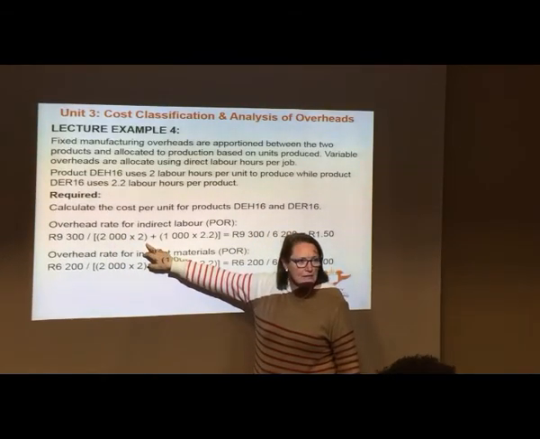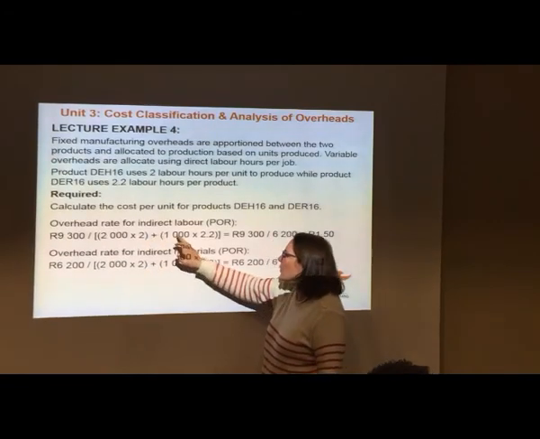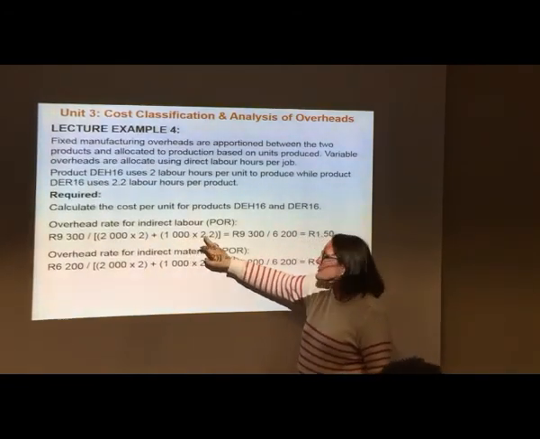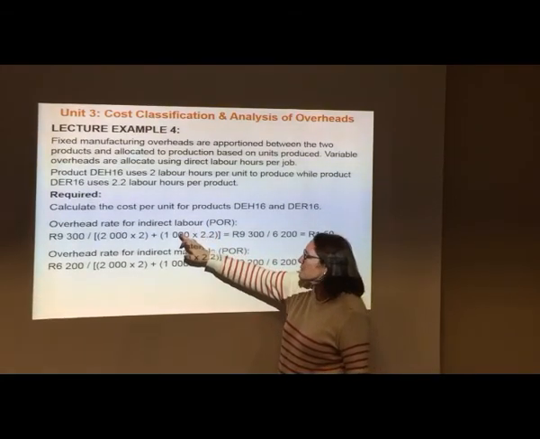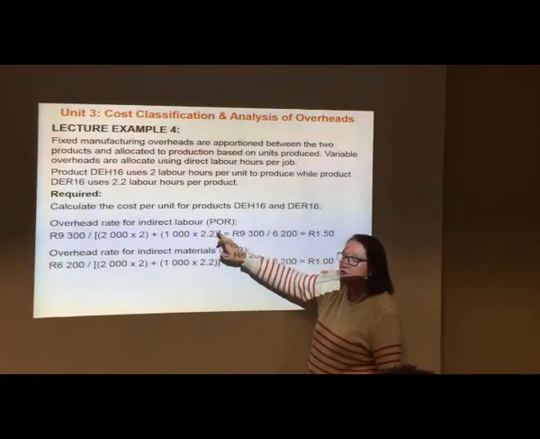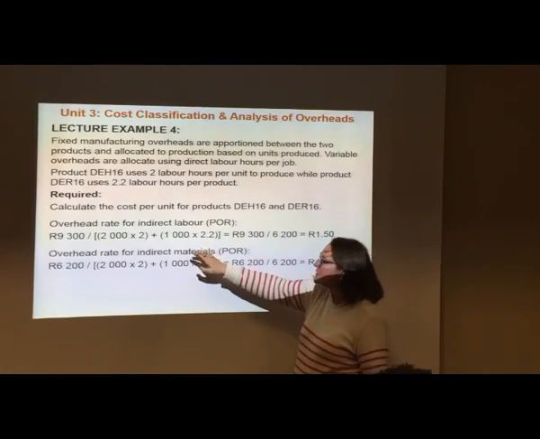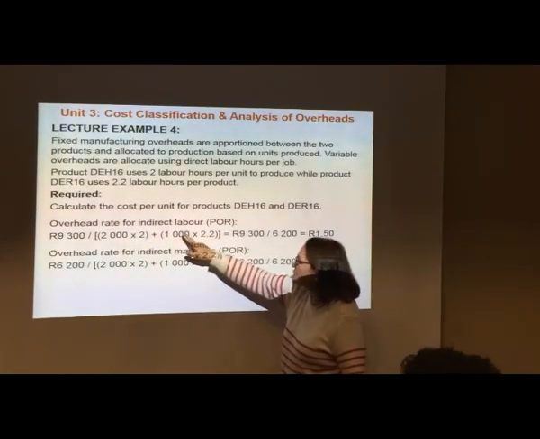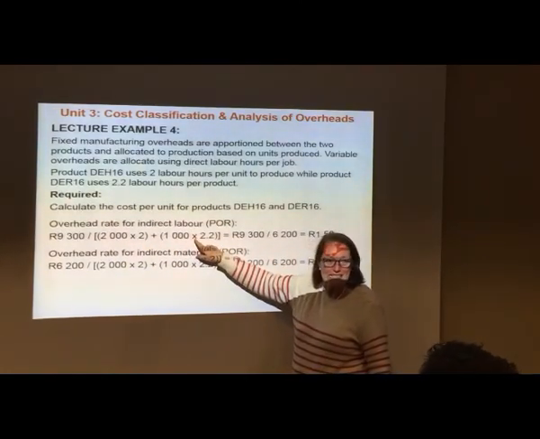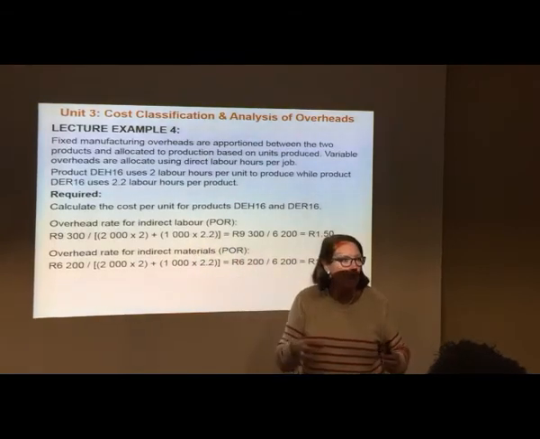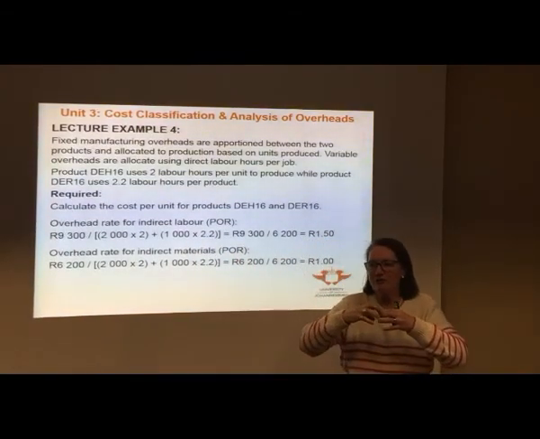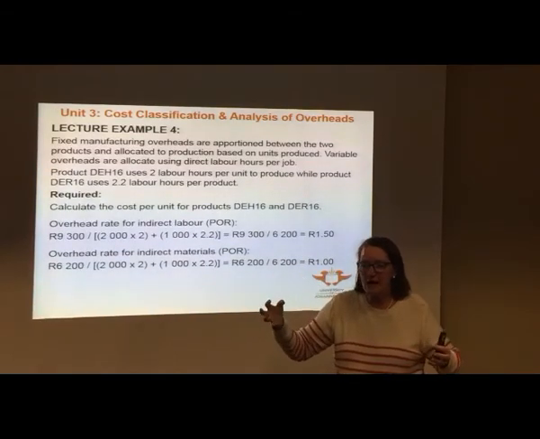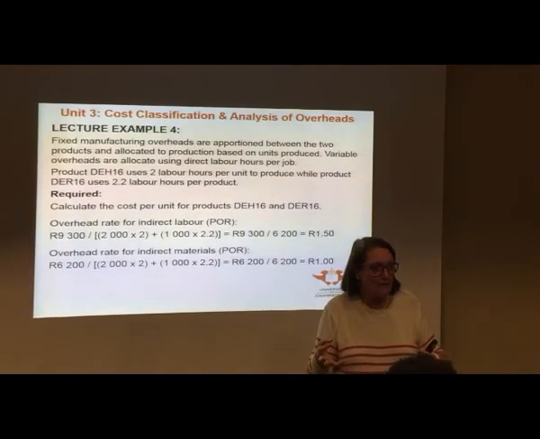Do you agree? Right. 1,000 products times 2.2 hours per product must be 2,200 hours. 4,000 hours plus 2,200 hours is 6,200 hours in total. So the total number of hours is 6,200 hours, right?